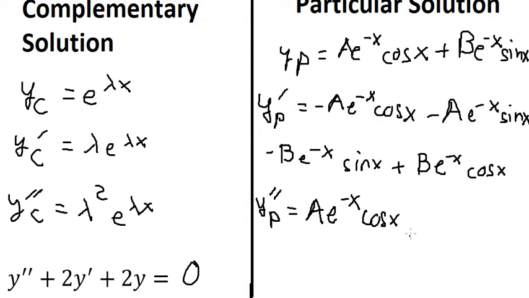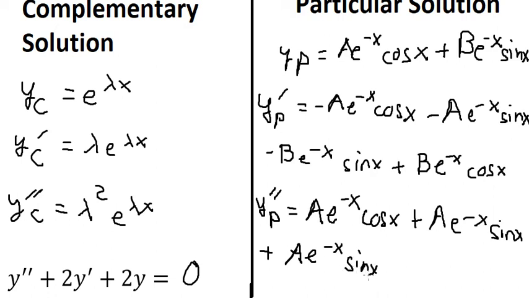Negative with negative, you get positive. Now we do the first derivative of this one. Negative with negative, you get positive. So we have a e to the power of negative s sine s. We do the first derivative of sine s, so you get cosine s.